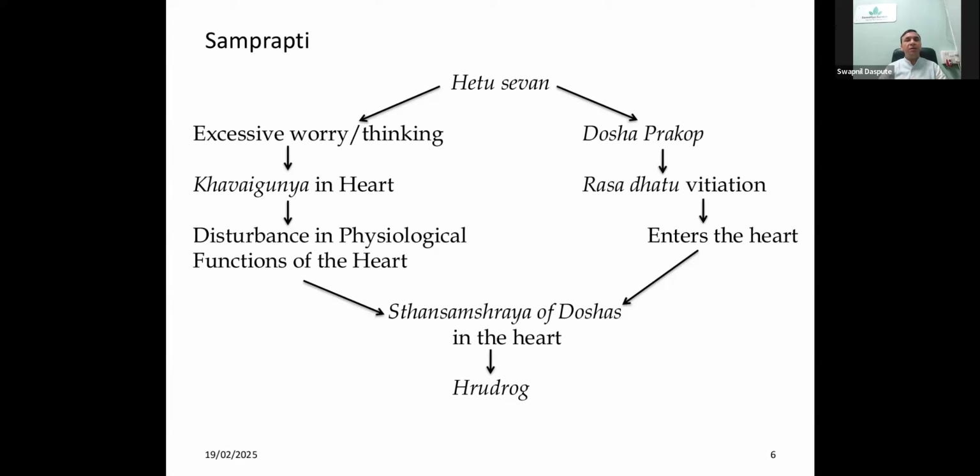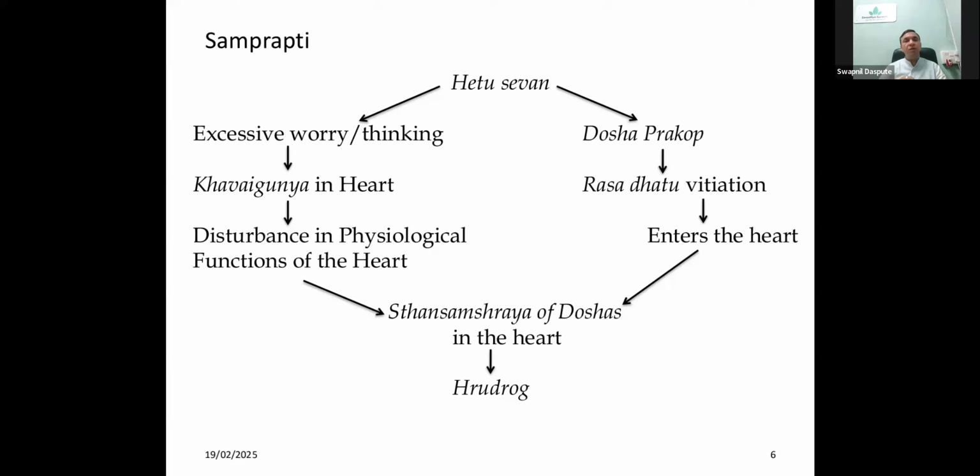In the other pathway, Hetu 7 will lead to Dosha Prakopa. Rasadhatu vitiation will happen. The Dosha Prakopa will cause vitiation of Rasadhatu, and the vitiated Rasadhatu will enter into the heart region, and will cause the heart disease.